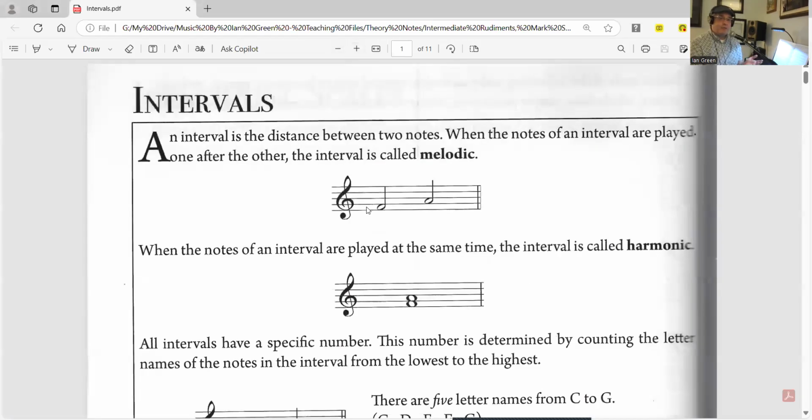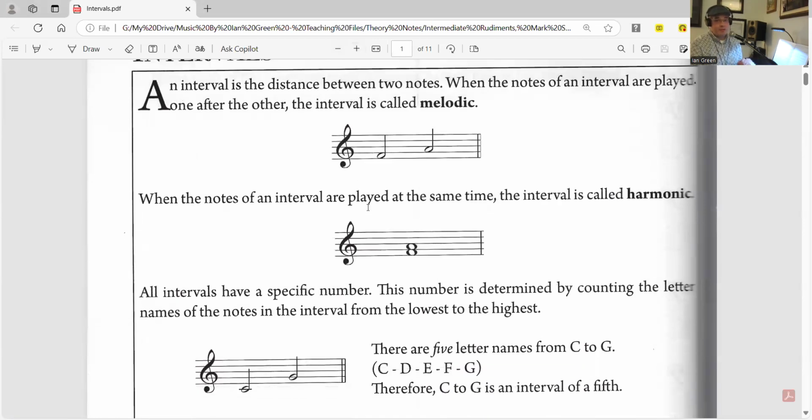Now, an interval basically is the space between two notes. That's a pretty straightforward example. But the details are in how to find the space between two notes, and also finding the difference and writing or recognizing the difference between a melodic interval and a harmonic interval.